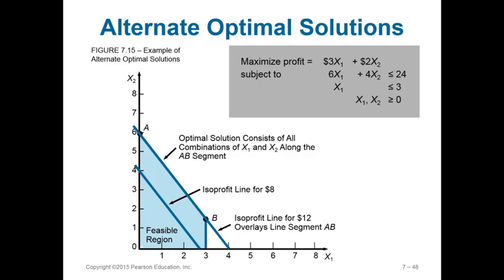If you look graphically here at the constraints that define the feasible region, you actually get multiple good choices available, and as a result there's not a specific best solution.